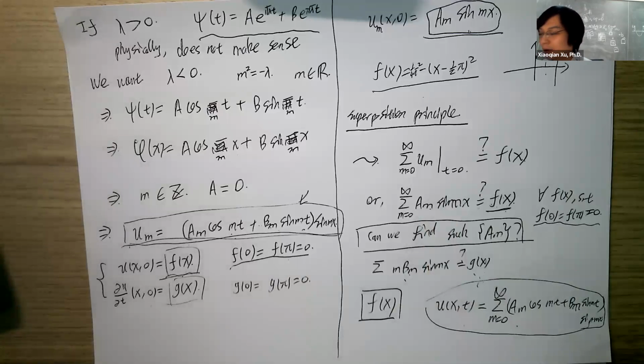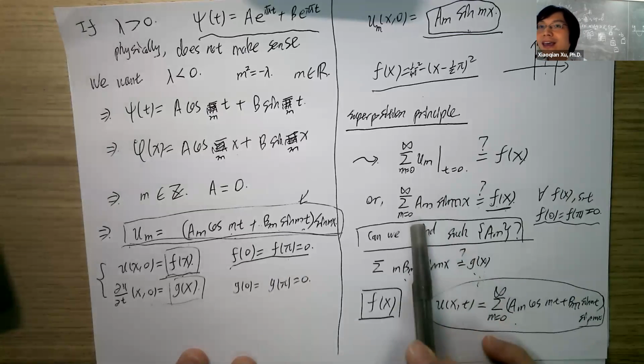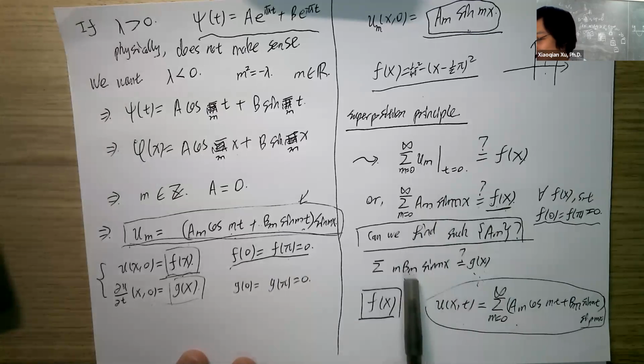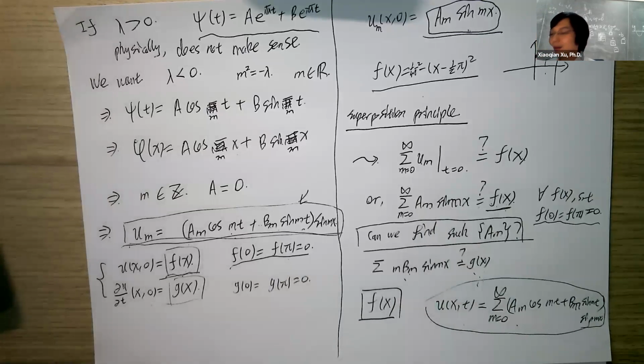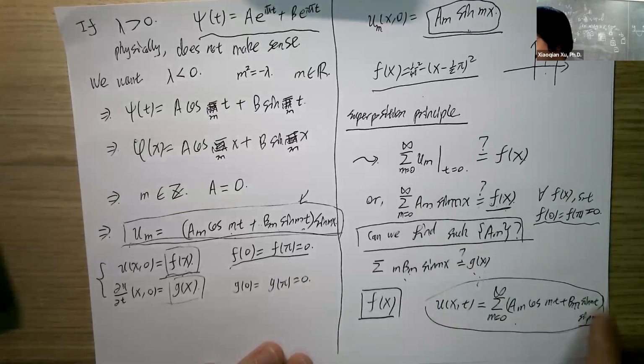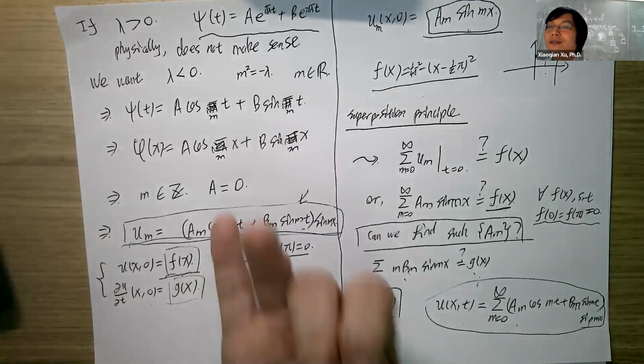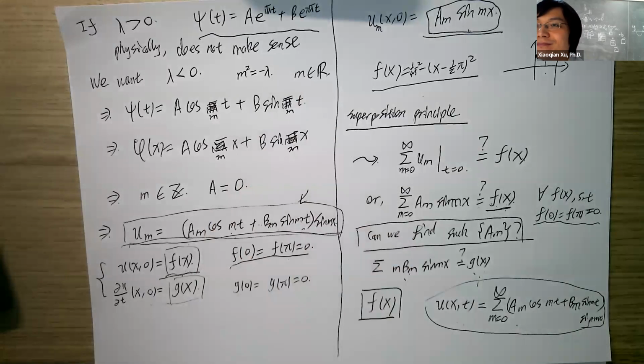In order to satisfy it, we can play with a_m such that this is an equation, and play with b_m such that this is an equation. And if that is true, then this u(x,t) with these a_m, b_m satisfies the initial condition, boundary condition, and our differential equation. So it is a solution.